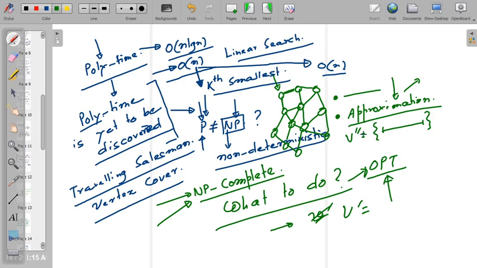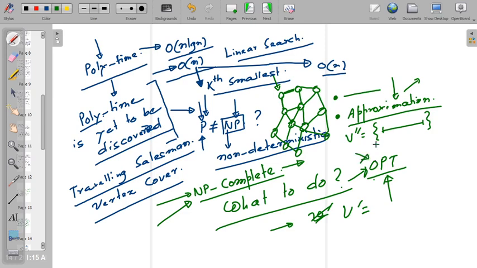But one question might come here: sir, you are telling that for this NP complete problem we don't know any polytime algorithm for finding the optimal solution.